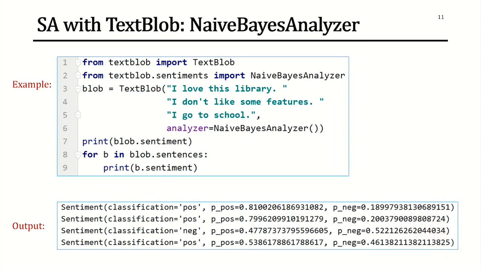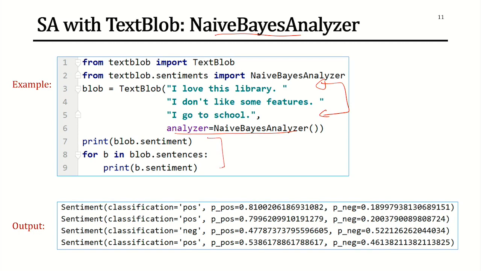So when we use the second implementation in the sentiment analysis, which is called NaiveBayesAnalyzer, we can perform this also on the many sentences that we pass to the TextBlob object. But remember that we need to pass the second parameter, which is the NaiveBayesAnalyzer.